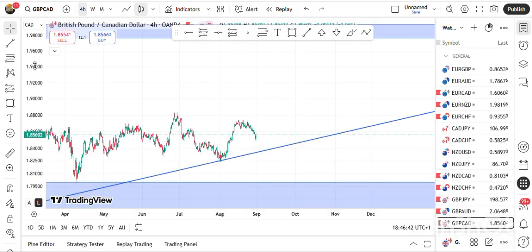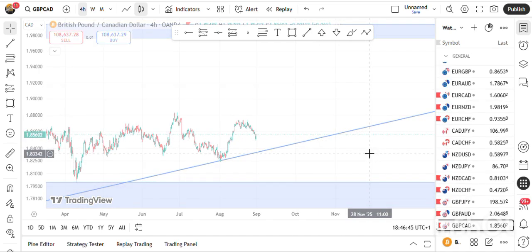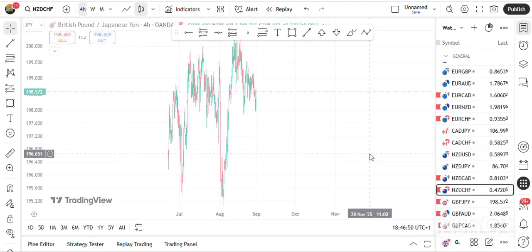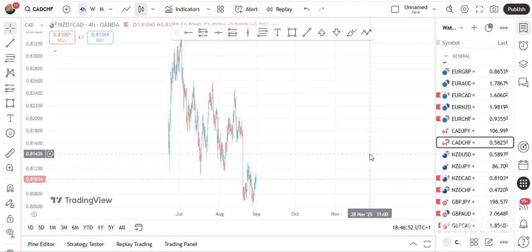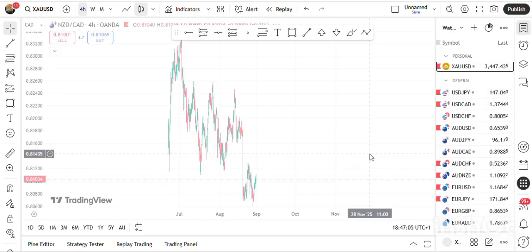Yeah, so there you have it, guys. Those are the pairs I will be looking at this week: GBP CAD, GBP AUD, GBP JPY, NZD CAD, Euro CHF, Euro NZD, Euro CAD, Euro JPY, Euro USD, AUD NZD, AUD CHF, AUD USD, USD CAD, USD JPY.